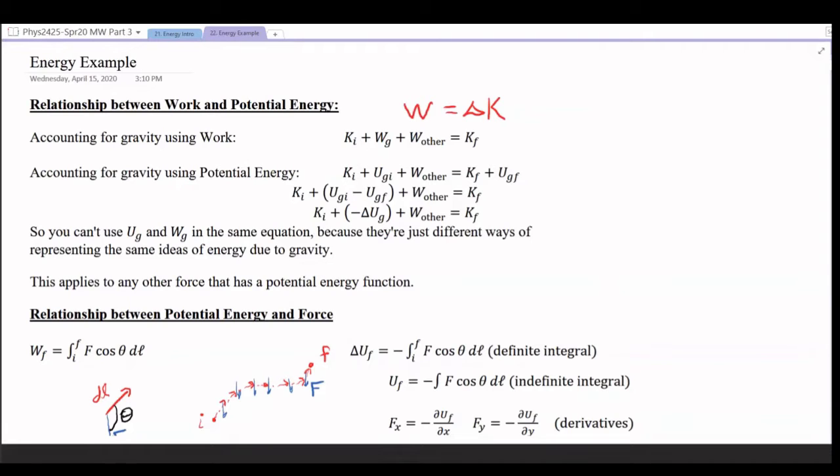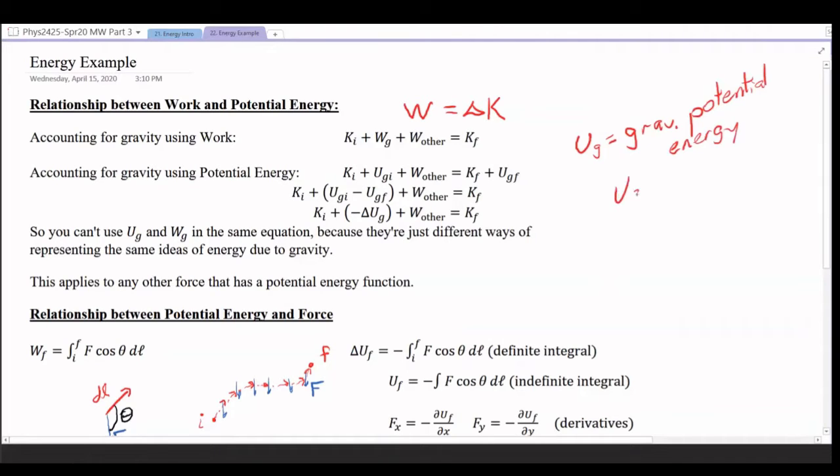But another common way to deal with especially gravity, but some other forces, is to account for gravity using potential energy. So U_G is gravitational potential energy.